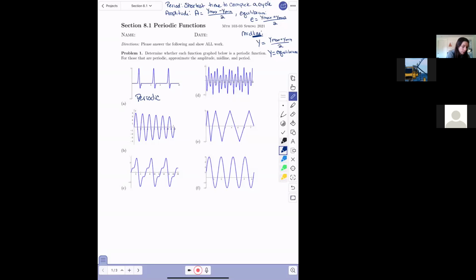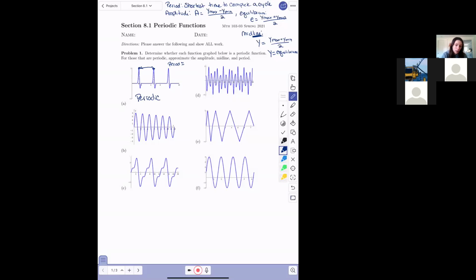Okay, so our period is about, and some like to measure from peak to peak. That's a great way to do it and works most of the time. And this one, it's a little tough because the peak isn't necessarily on an easy value. So I'm going to go ahead and say, let's just measure the period from where we start.